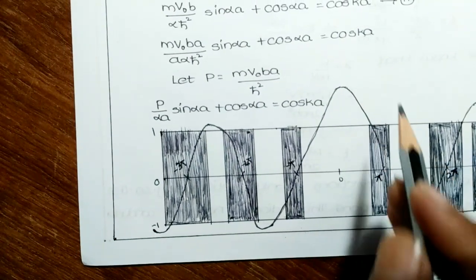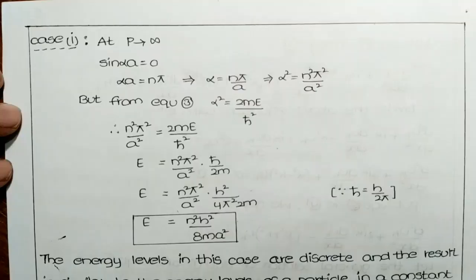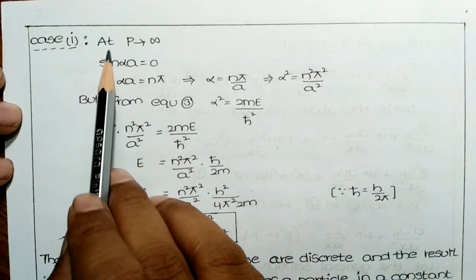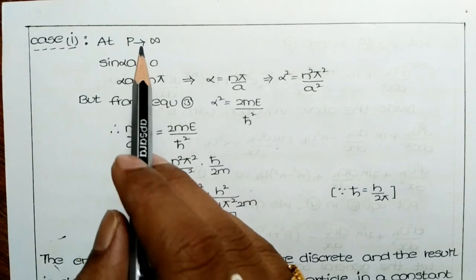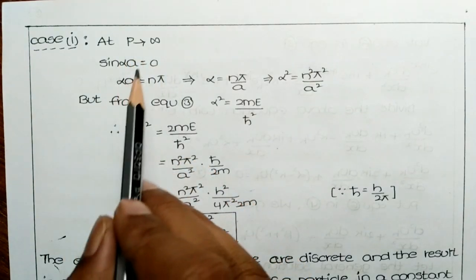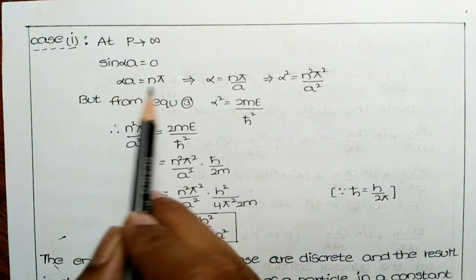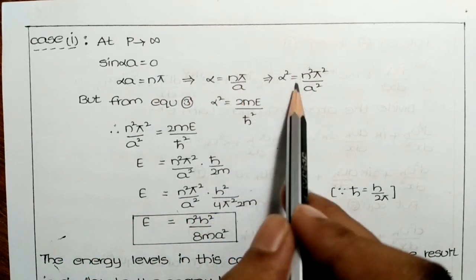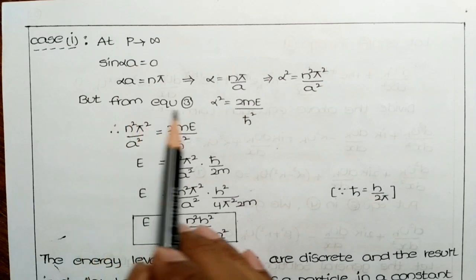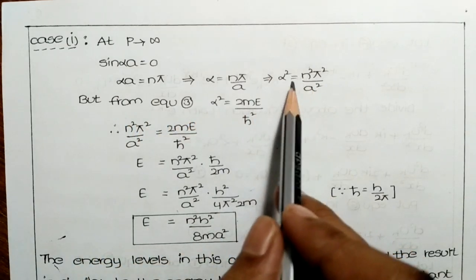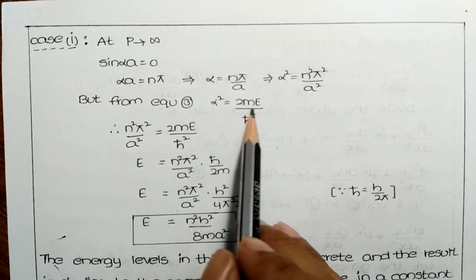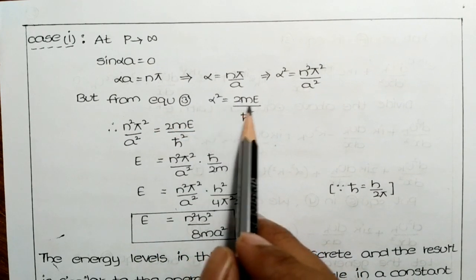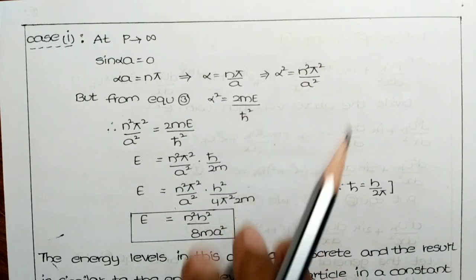Now case 1. In that equation put P tends to infinity, then sin alpha a is equal to 0, so alpha a is equal to n pi, alpha is equal to n pi by a. Square it, and equate this alpha square with equation 3, that is alpha square is equal to 2 mu E by h cross square.